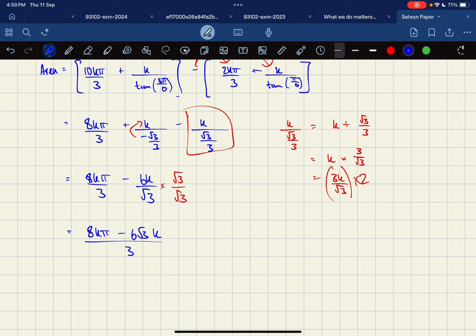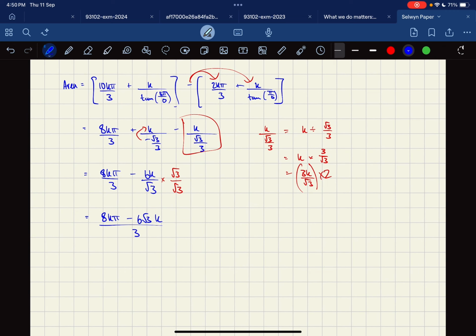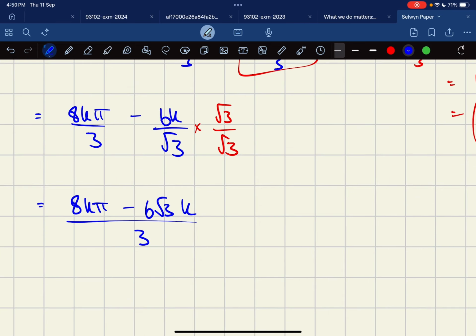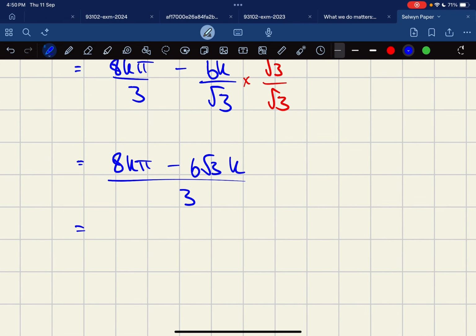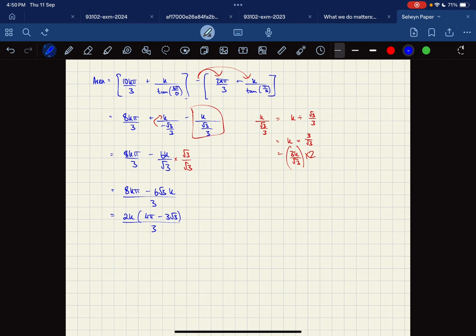And I think that is it. That is the area. You can factorize out the k in here. So then you can factorize out the 2 as well. So 2k bracket 4 pi minus 3 root 3 over 3. So that is the area dependent on k.